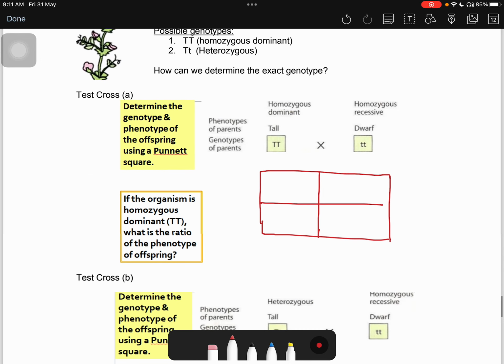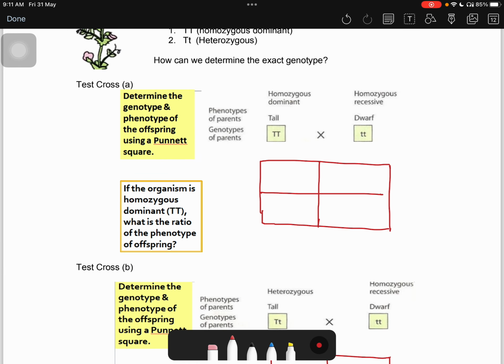Say the plant is homozygous dominant in case study 1, what would be the phenotype of the offspring? We can use the Punnett square here to quickly solve this question. Same thing, we put the phenotype and genotype of the parents at the side of the Punnett square, before we proceed to determine the ratio.